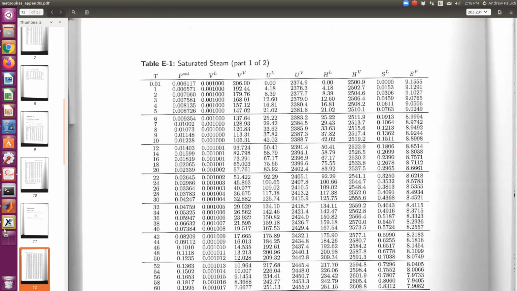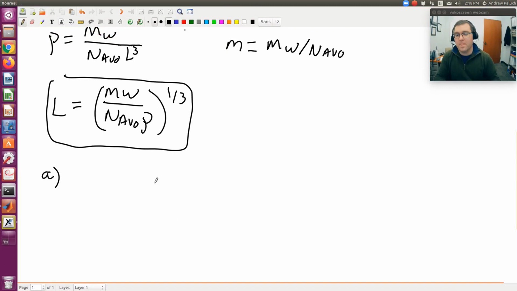Since this is density, remember, density is the inverse of our specific volume or molar volume.